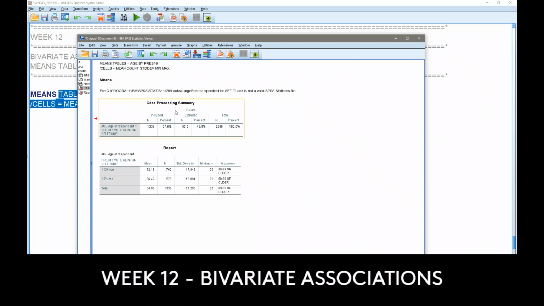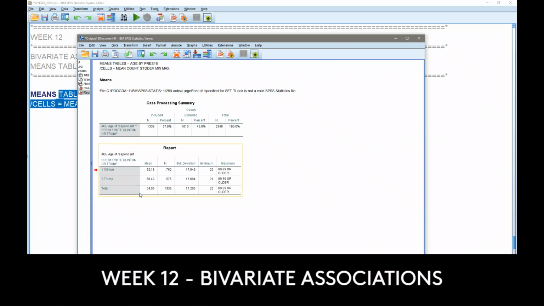We get a simple case processing summary, which tells us the number of respondents who responded to both questions. And then down here, we see the report. Okay, this is just a basic means table. This is telling us the average age of respondents who voted for Clinton and the average age of those who voted for Trump.